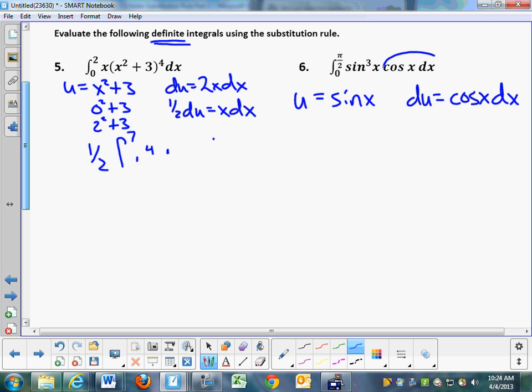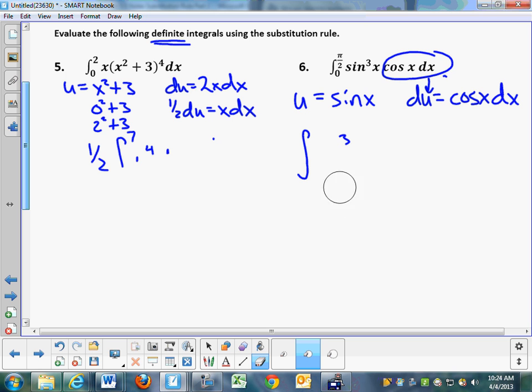I do. It's right here. So I can put du in that place. So my new integral will be u to the third du, right? That's my new integral. I have to put in my bounds now.